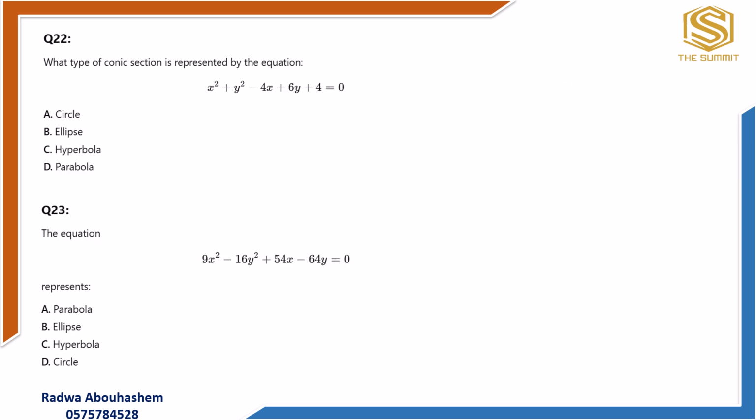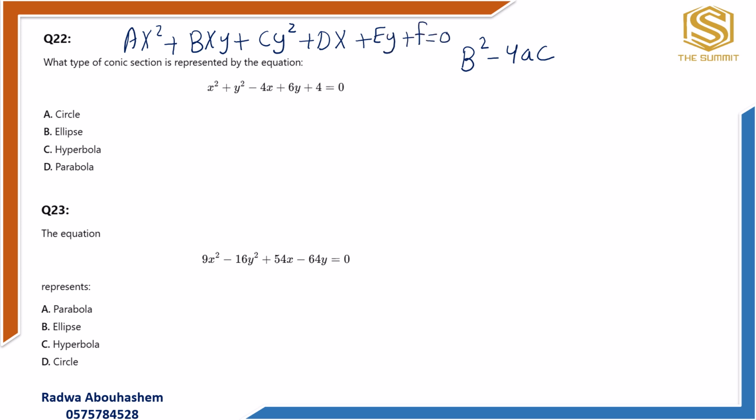What type of conic section is represented by the equation? Good. This means we have to use the determinant b power 2 minus 4ac, right? Let's arrange it. Do you remember the general equation that we know? It's ax power 2 plus bxy plus cy squared plus dx plus ey plus f equal to 0.